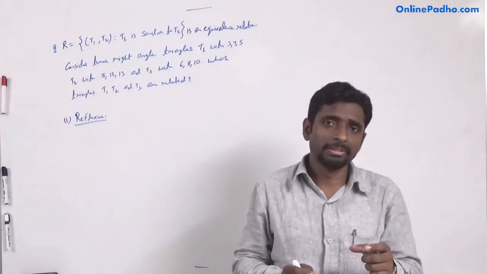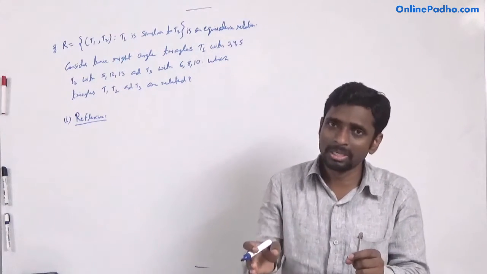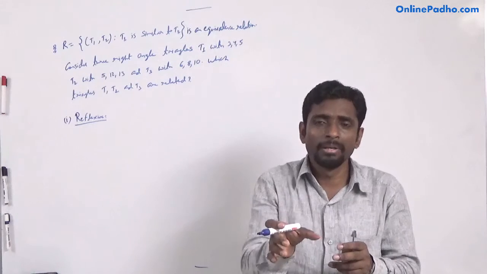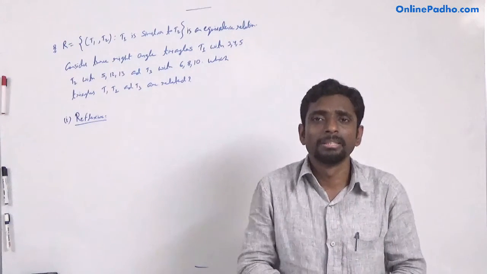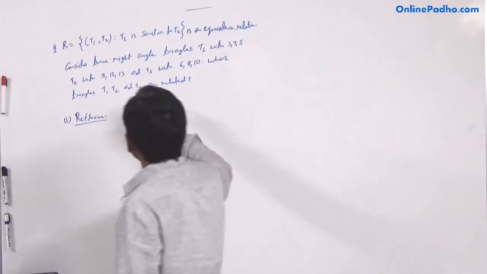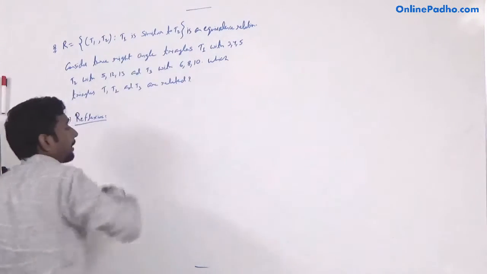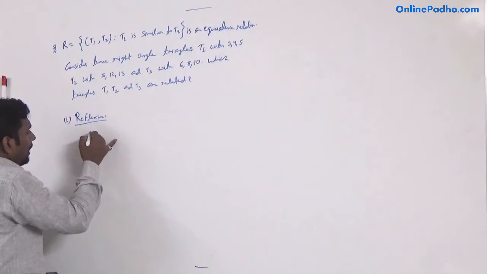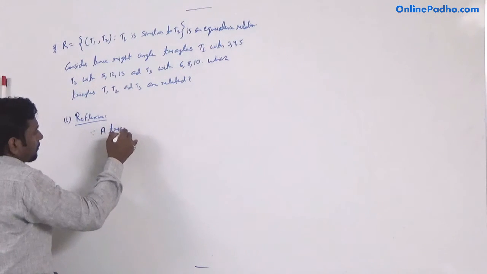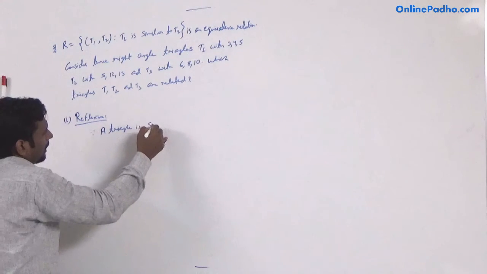If T1 is a triangle belonging to set A, then the ordered pair (T1, T1) must belong to the relation. What is the relation? The relation is that the first triangle is similar to the second triangle. So here we can say that a triangle is similar to itself.